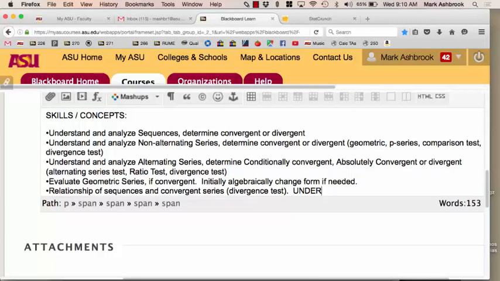So understand all aspects of the previous sentence.